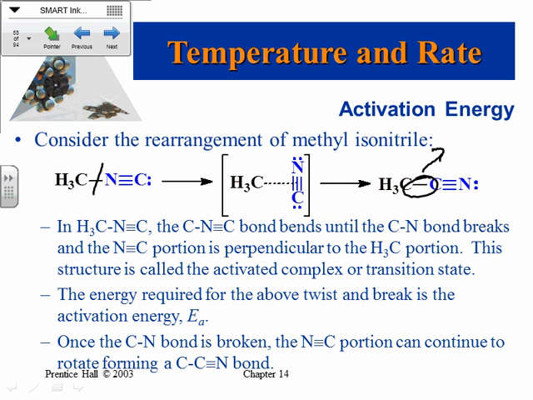You total up the amount of energy required versus the amount of energy given off at the end, and that will tell you whether it's exothermic or endothermic based on the overall energy change. The energy required for the twist and break is the activation energy.